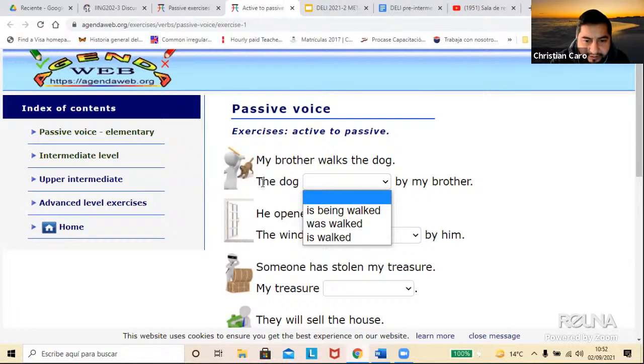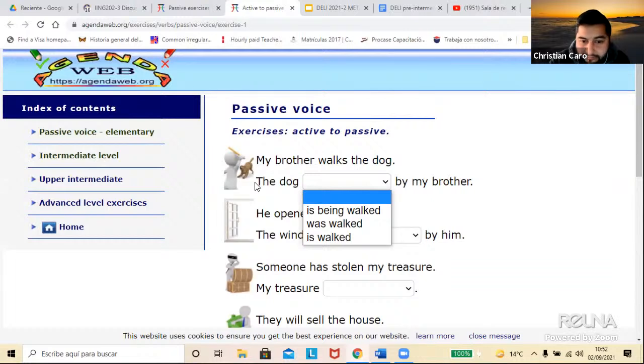We put it at the beginning, and then we need to conjugate the verb to be in simple present tense. All right. And then we add the past participle for the passive voice. All right.